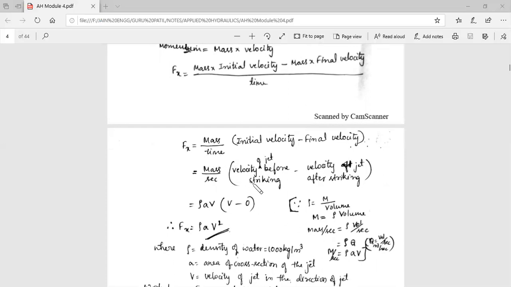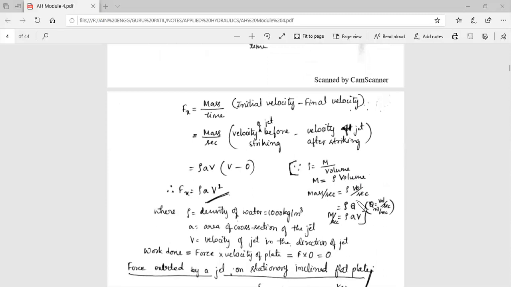Second means time. So volume per second, where the unit of volume is meter cube and second is time, meter cube per second is the unit of discharge. So I can write it as rho into Q, and rho into Q I can write as rho into A into V. Here A is the area of the jet and V is the velocity.